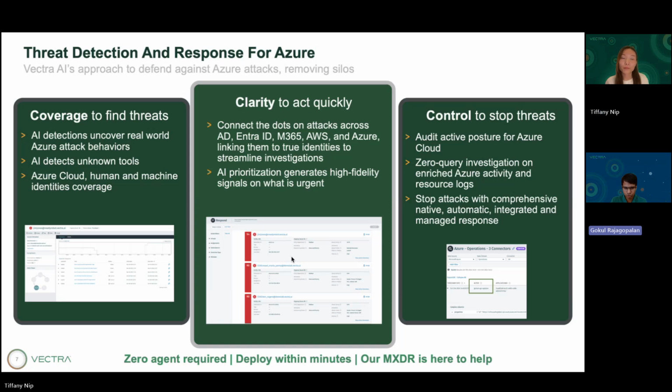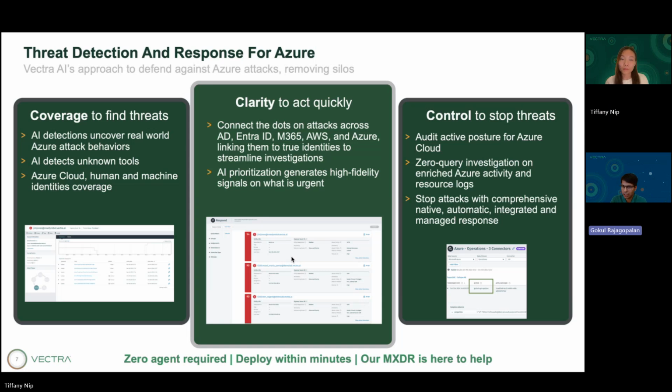So we look at the world in three layers. It starts with coverage, in terms of what do I have visibility into, and what do I find as malicious behaviors in there.